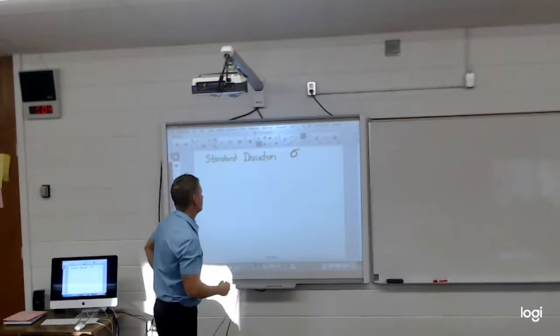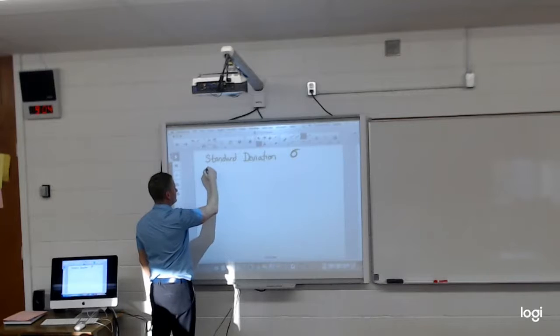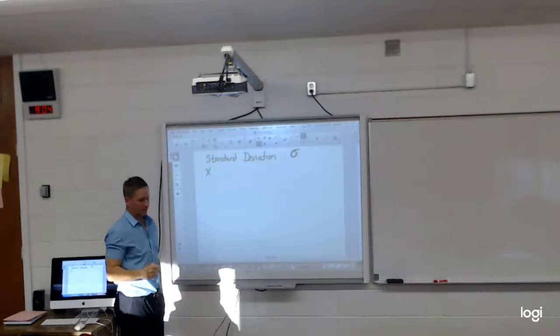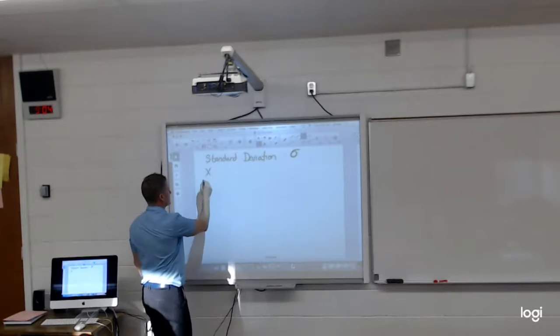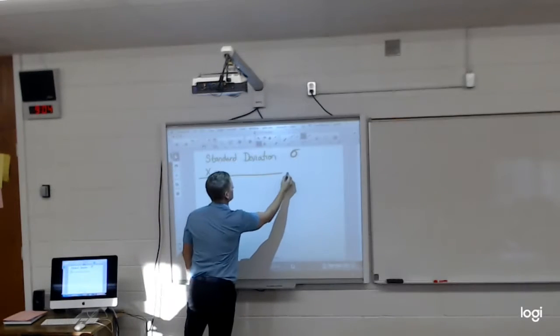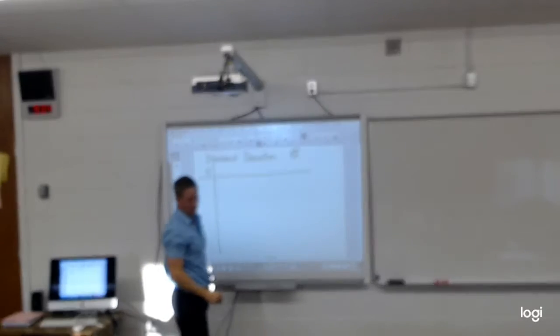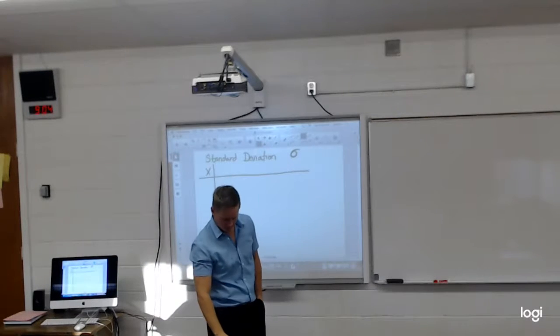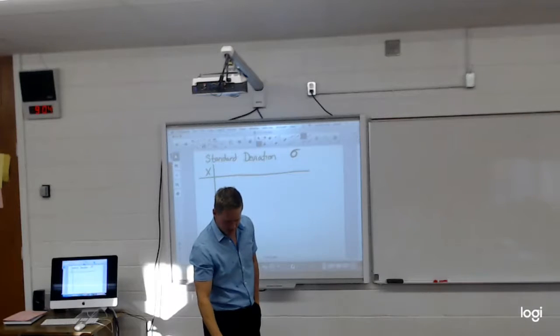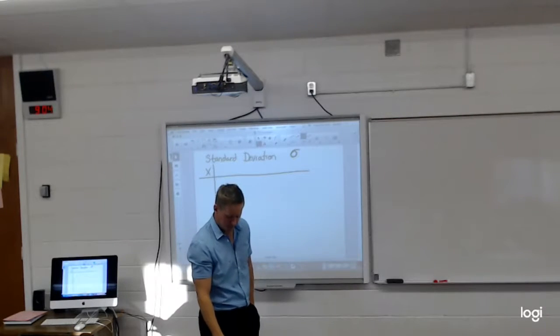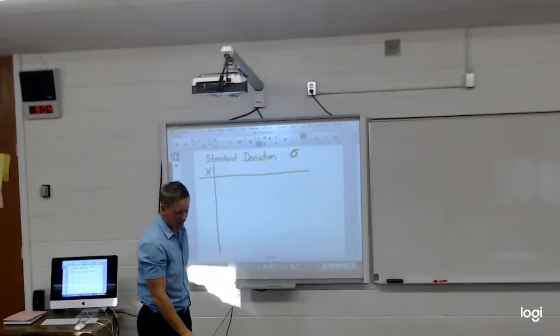Okay, so the first thing that we're going to do is create a chart. The first thing on the chart is my actual scores. X represents my actual scores on this chart. I'm going to use example 2 on page 117.